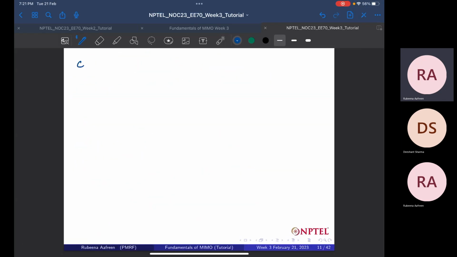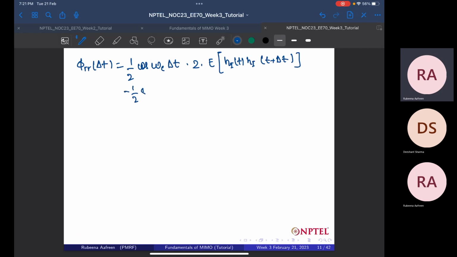This will be coming as phi r delta t is equal to half cos omega c delta t into 2 into expectation of hI(t) hI(t plus delta t), then minus half sine of omega c delta t into 2 into E of hI(t) hQ(t plus delta t).